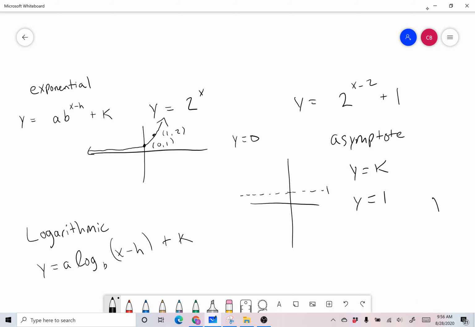This is y is equal to 1. We have a shift horizontally of 2, so instead of it touching here at (0, 1), it's going to do something like this. And that (0, 1) that was over here actually moved over here.